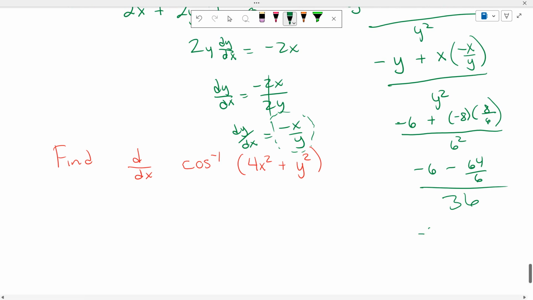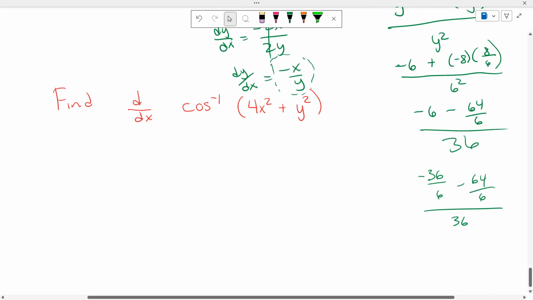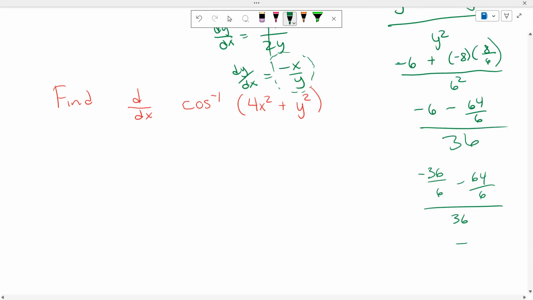Well, this is negative 36 over 6 minus 64 over 6 over 36, which is negative 100 over 6 over 36. You multiply by the reciprocal.